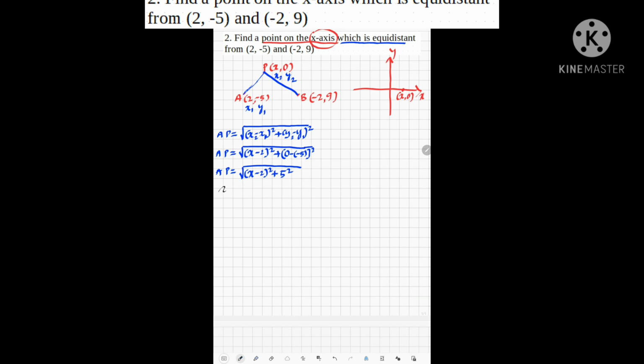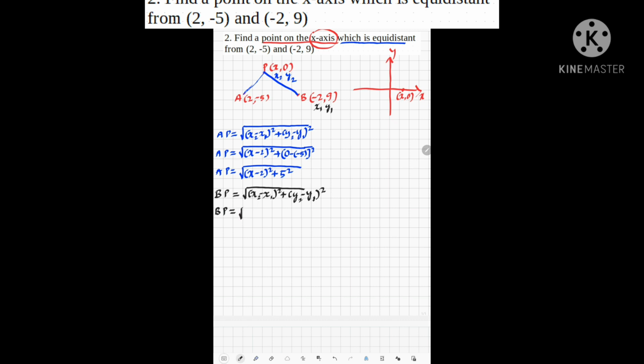Let me find the value of BP, the same distance between two points formula, (x2 minus x1) whole square plus (y2 minus y1) whole square. Now take B as x1, y1 and P coordinates are x2, y2. Now put the values.